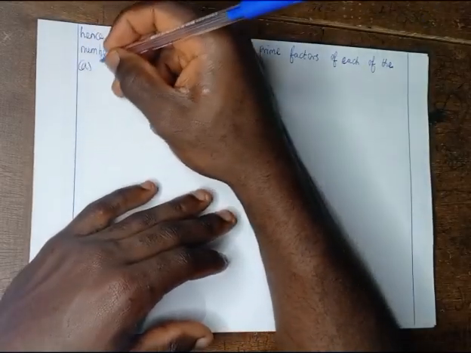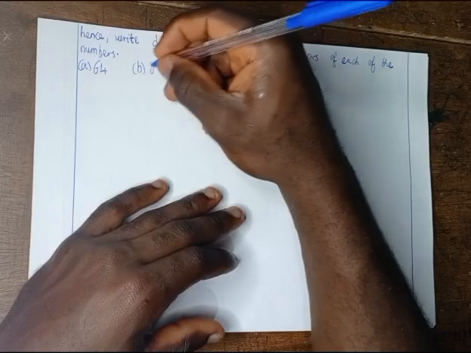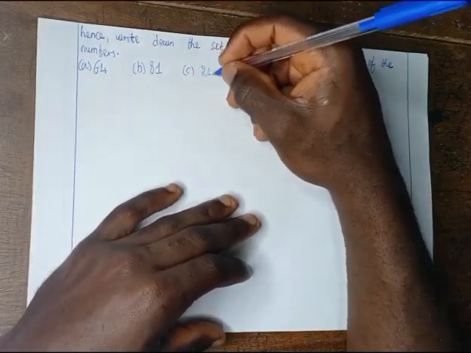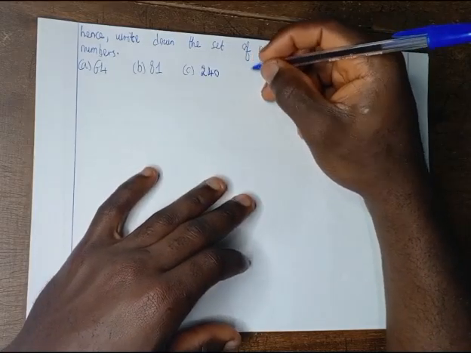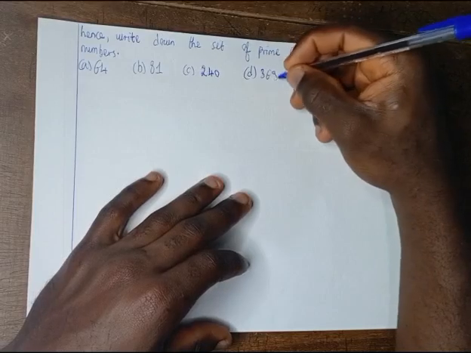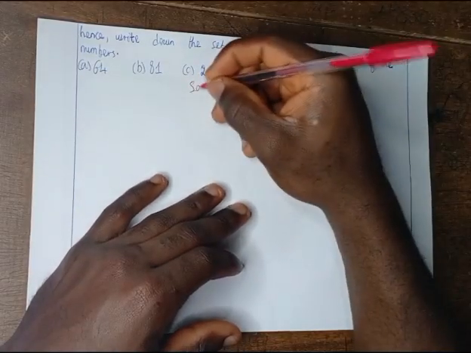For A, we have the number 64. For B, we have the number 81. For C, we have the number 240. And for D, we have the number 369. We take down the solution.